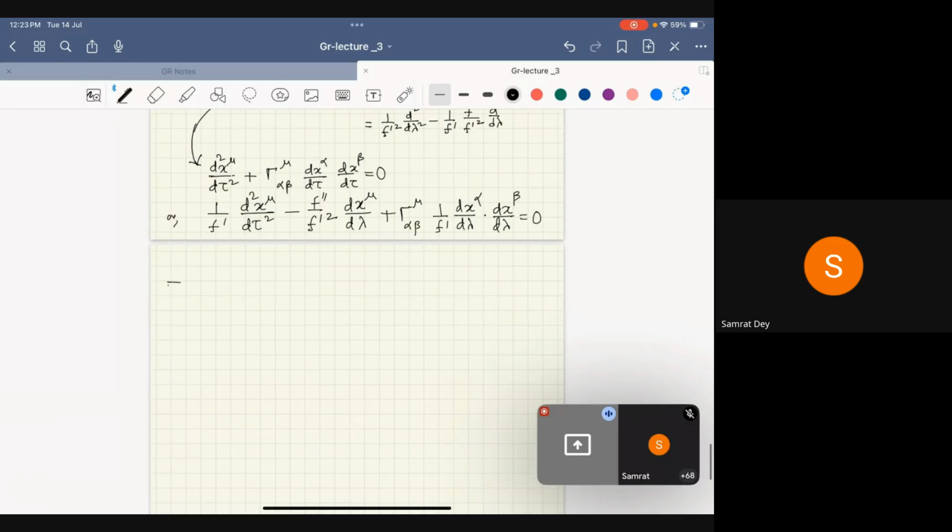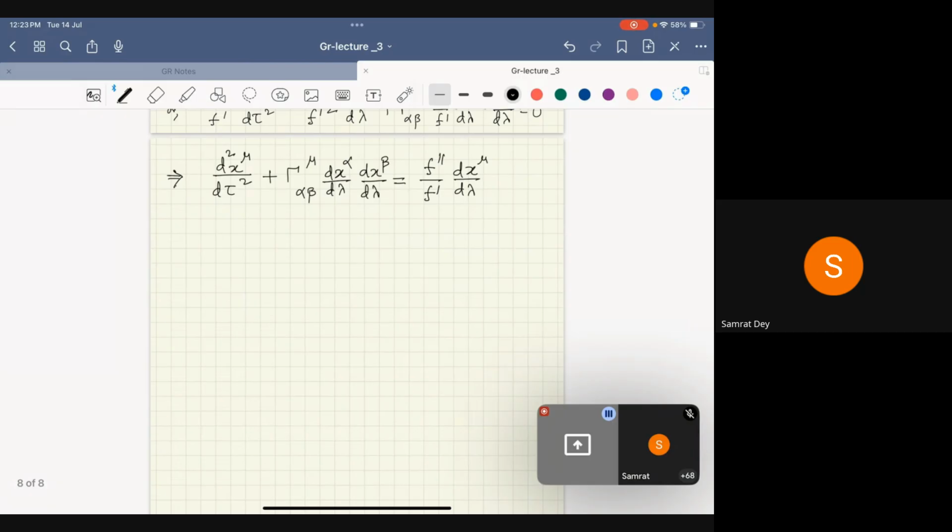So the final result that will come out of this exercise is something like this. If I multiply by f prime, this is plus gamma mu alpha beta dx alpha d lambda dx beta d lambda equal to, I take this on the other side, f double prime by f prime dx mu d lambda.